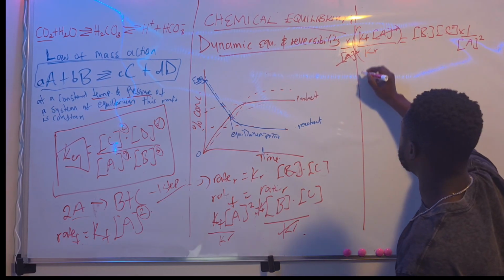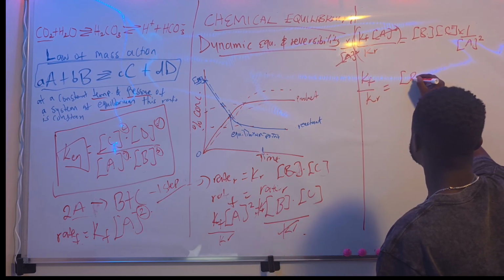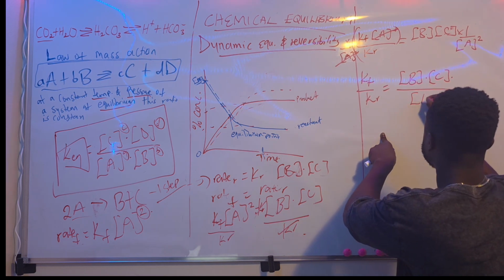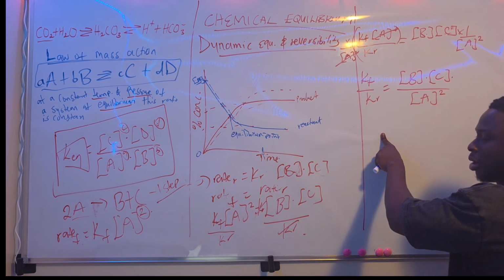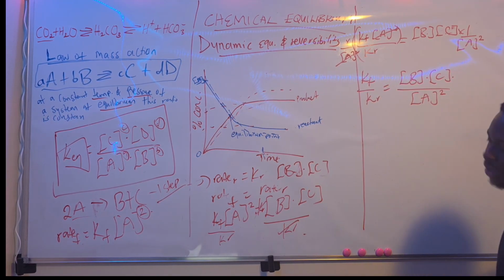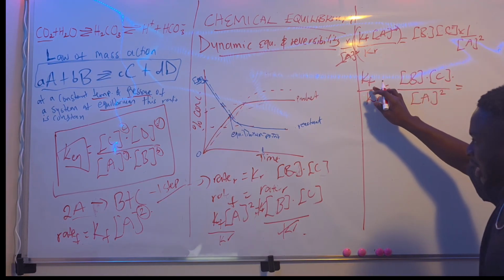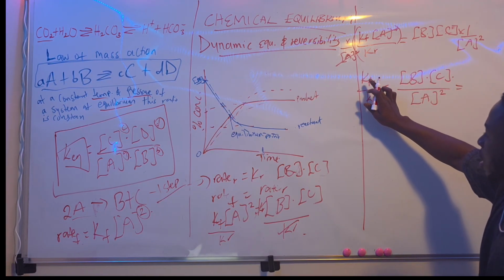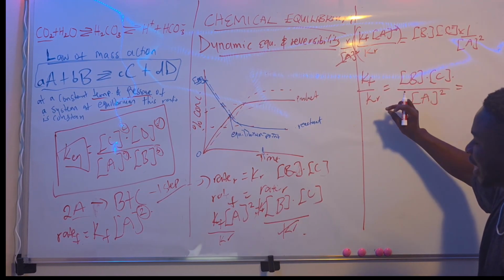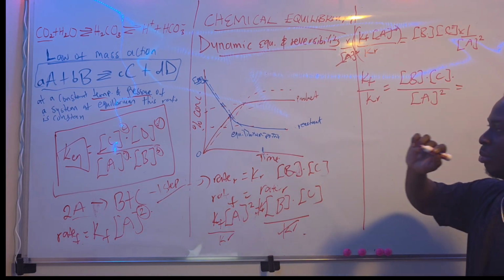So this will cancel this, and I'm going to get Kf over Kr is equal to [B][C] all divided by [A]^2. Right, now this Kf over Kr, the rate constant of the forward reaction over the rate constant of the reverse reaction, is the equilibrium constant.